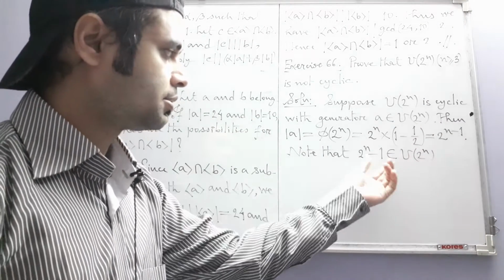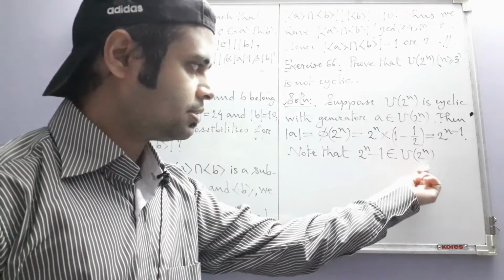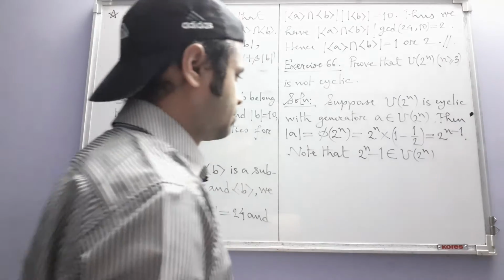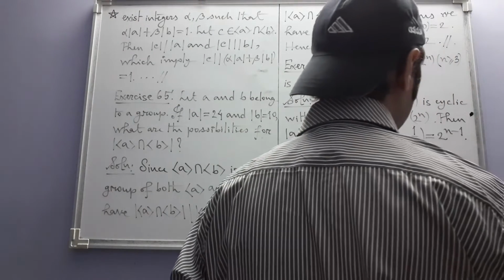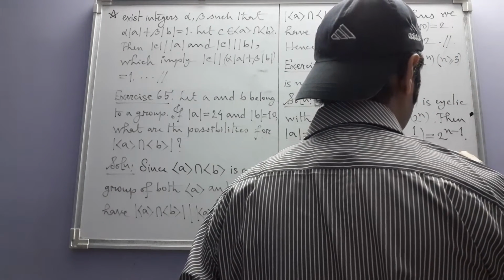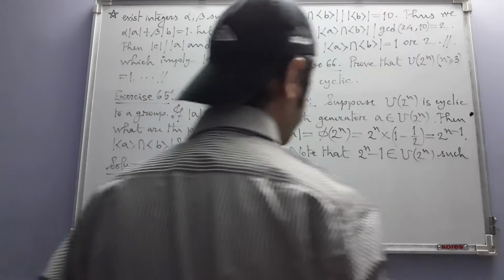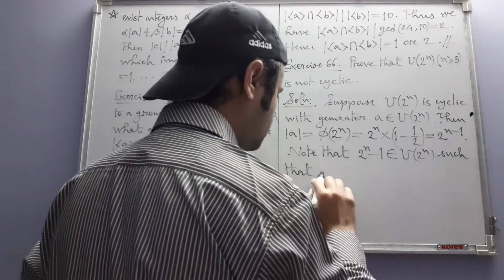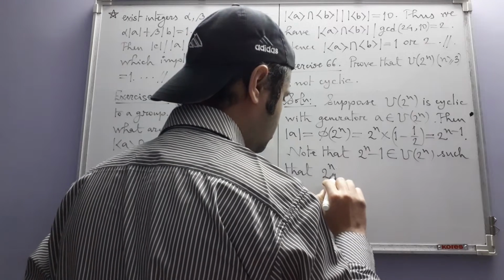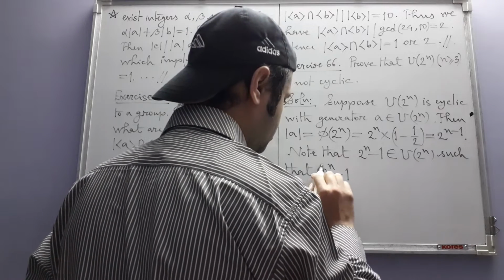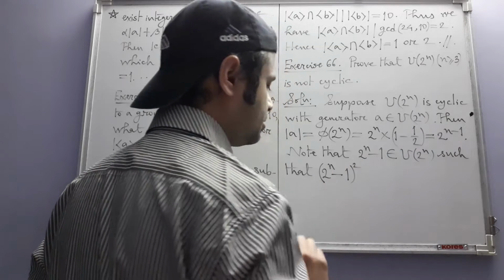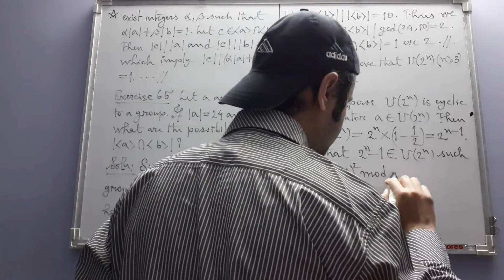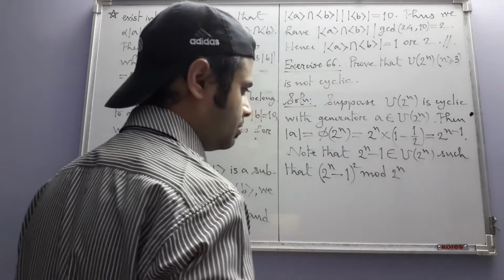That is because this and this are relatively prime. Note that this belongs to this such that, what is its square modulo 2 to the power n.